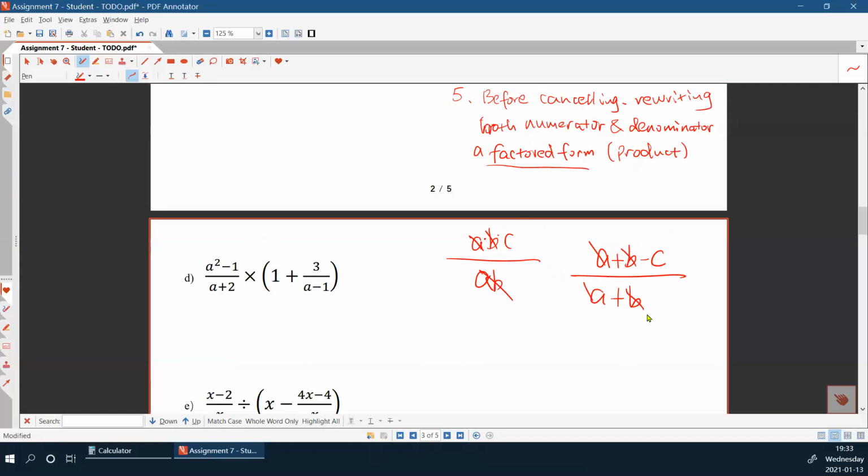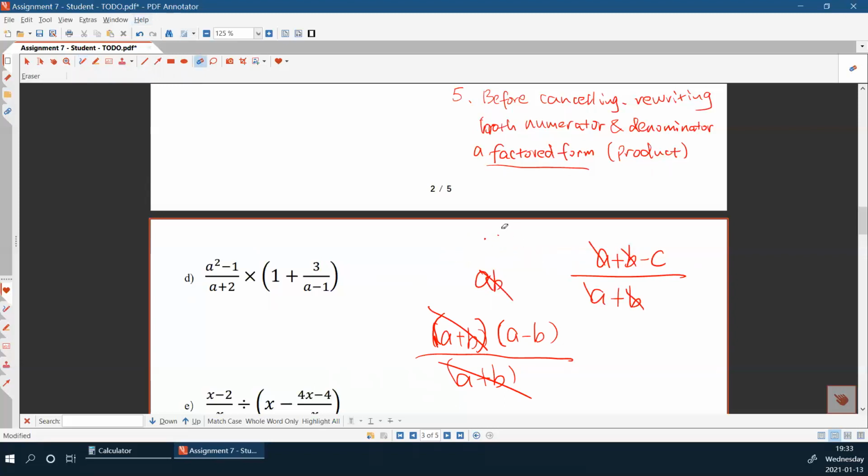Understand? Okay, similarly, if you have two terms like this, as you can see here, this is a product of a plus b and a minus b. And a plus b can be canceled with a plus b in the denominator, right?